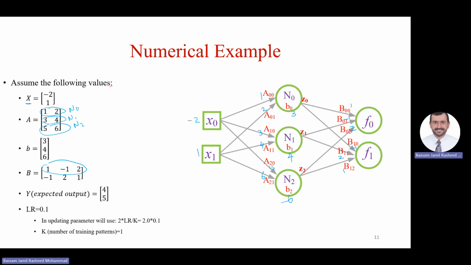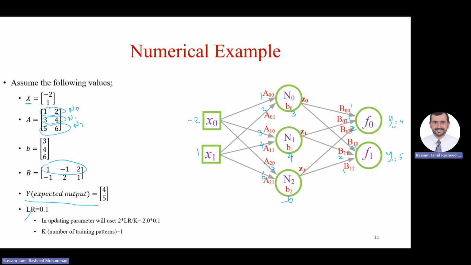So I'm expressing everything in terms of matrix notation. This is my expected output: I'm expecting y0 equals 4 and y1 equals 5. I'm going to assume a learning rate of 0.1.